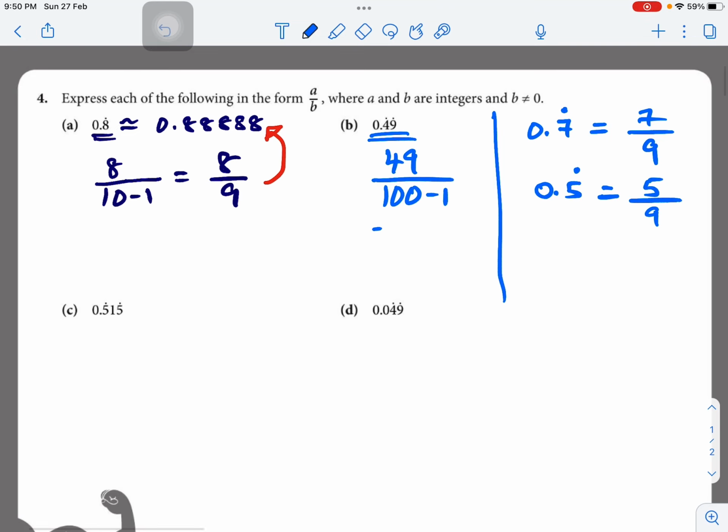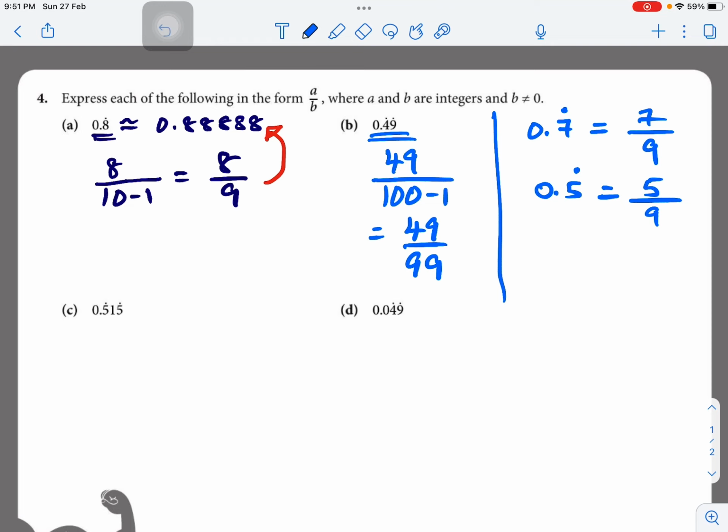So that will give you 49 over 99. Okay, so you may want to pause the video here and try to do C and D before taking a look at the answers, which I'll be going to very shortly.